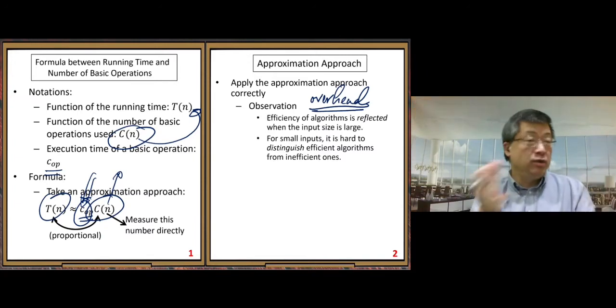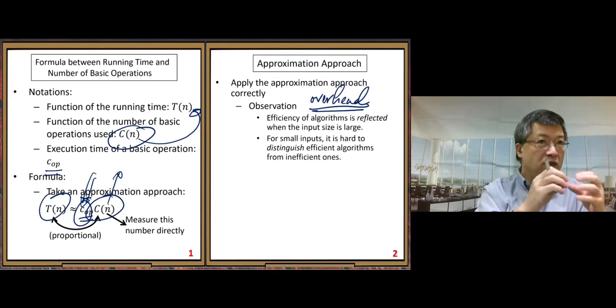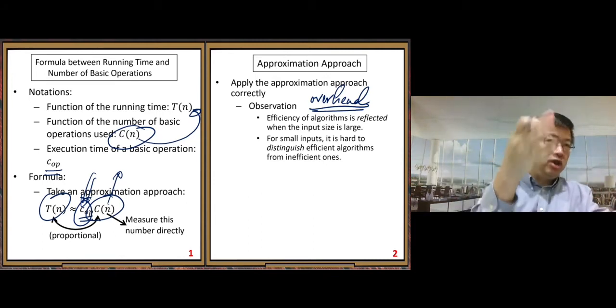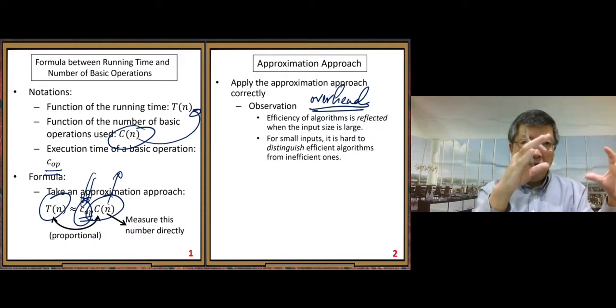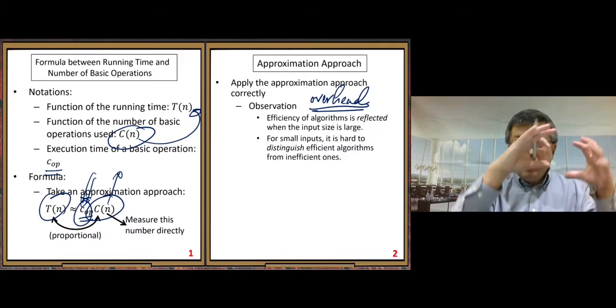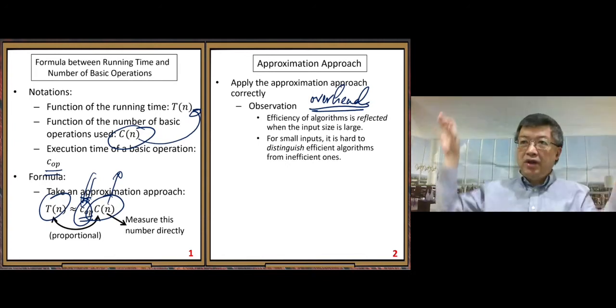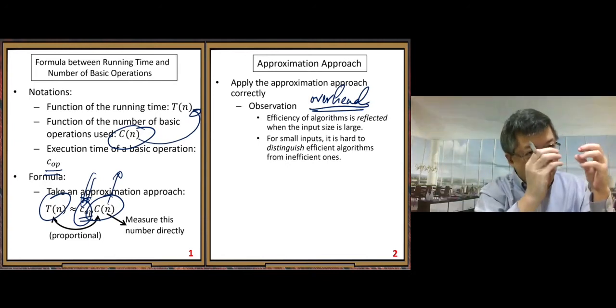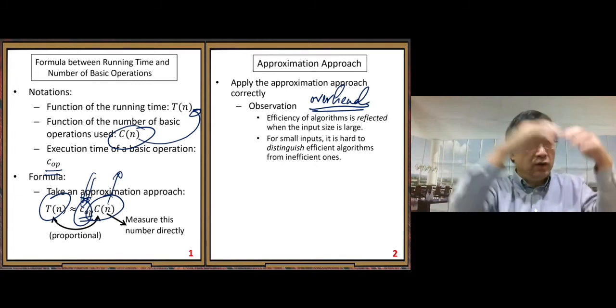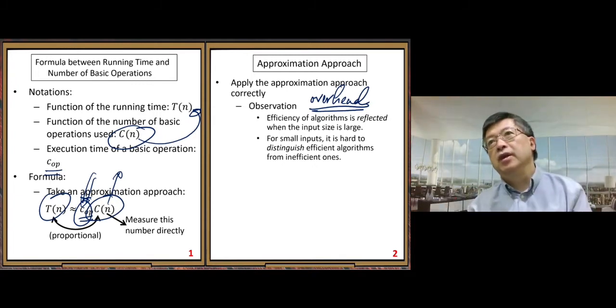right? Overhead, because you do preparation. When the data size is big, you still do the same amount of preparation. So when you compare the overall running time, the overhead part takes a smaller and smaller portion of the total running time. Okay?